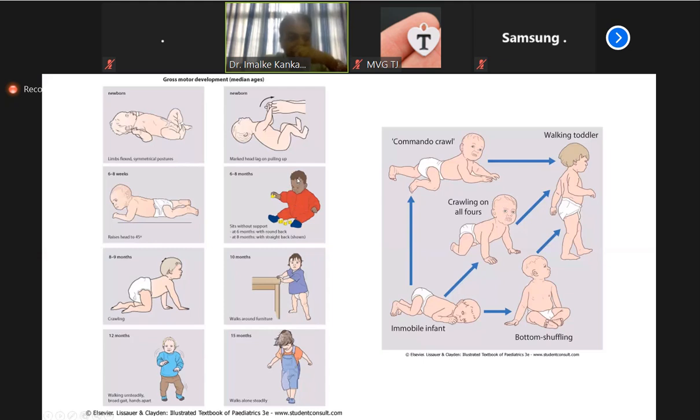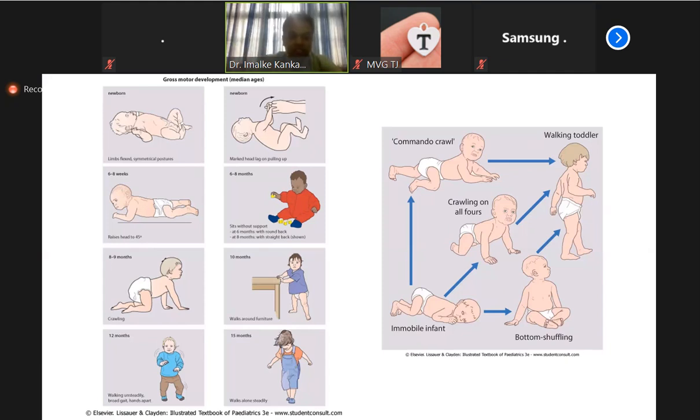6 to 8 months. See how this baby is sitting on the bed. So sit without support at 6 months with round back. Round back means there's a thing called tripod position, in which babies keep their hands in front. Then it makes a triangle, right?